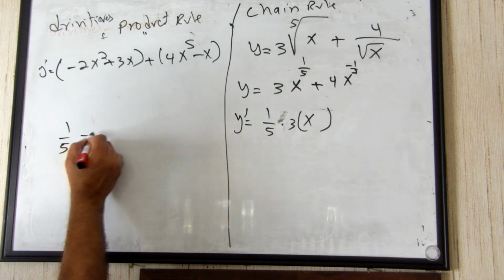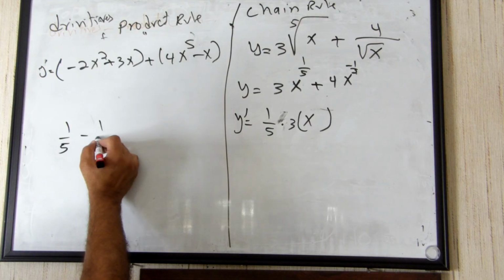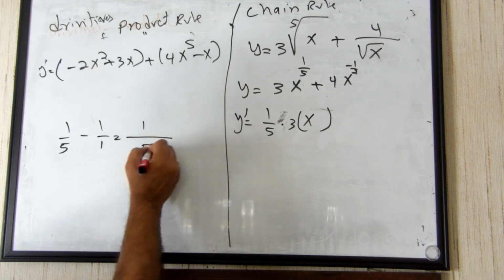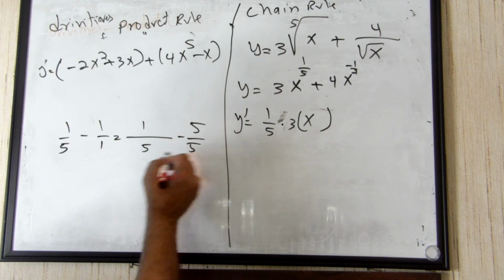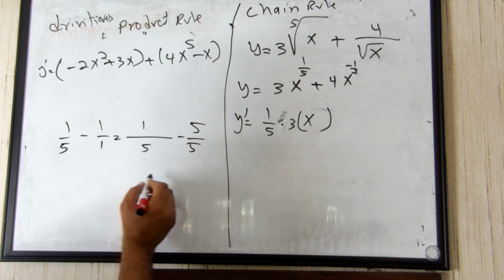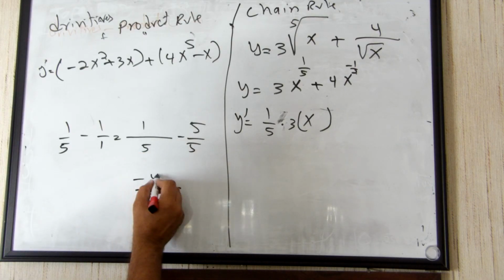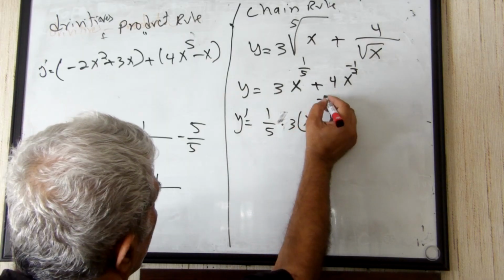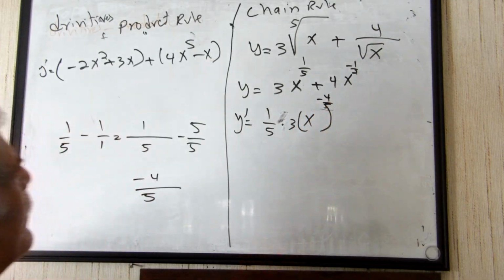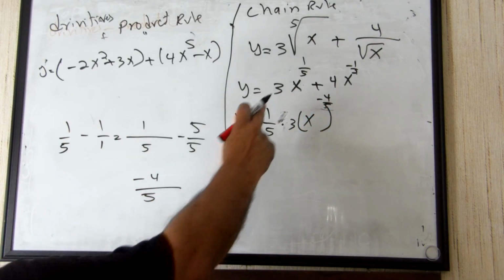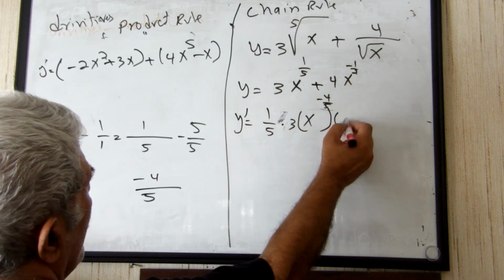1 over 5 minus 1 is equal to 1 over 5 minus 5 over 5. We can write it like this, and we can say 1 minus 5 over 5, which is minus 4 over 5. Okay, times the derivative of this one, which is going to be 1.